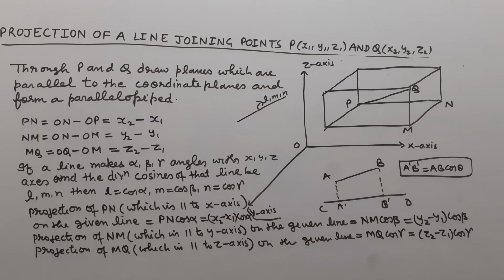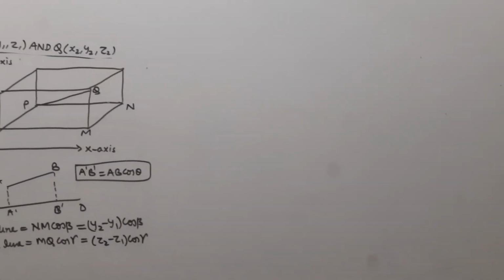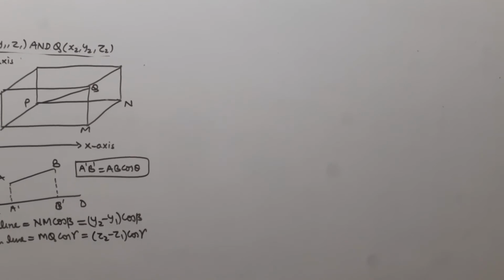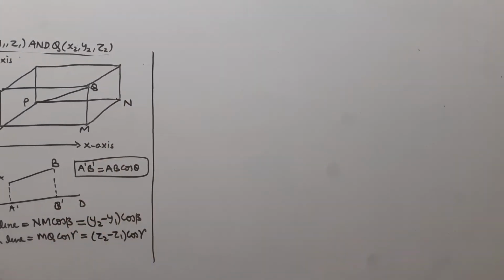So we can see again here, we know that in the last article we proved the projection of a broken line on a given line.